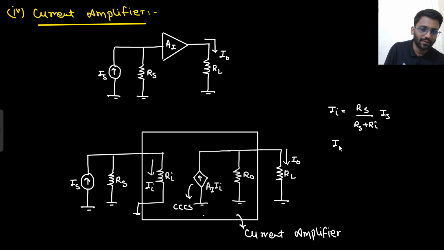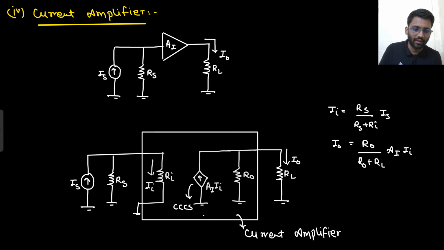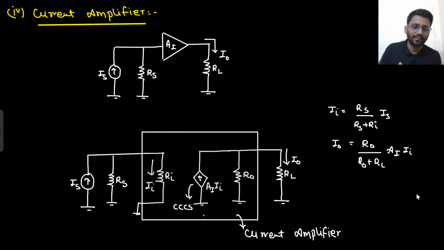What will be your I naught? So I naught would be, again it will be divided in inverse proportion. So R naught upon R naught plus RL into AI into I in. So what will be your final I out? I out would be AI, I can take outside, R naught upon R naught plus RL into I in.